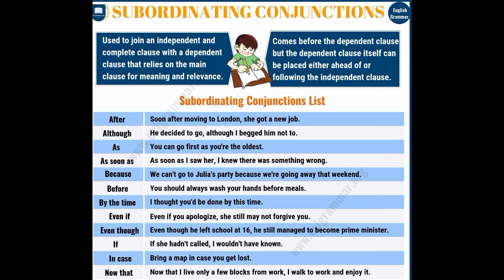So you can see in the case of because: we cannot go to Julia's party because we are going away that weekend. You can see that the independent clause is coming after because, so we are going away that weekend. So because is the condition, and because of it we cannot go. So it means that the clause can be put in any situation.